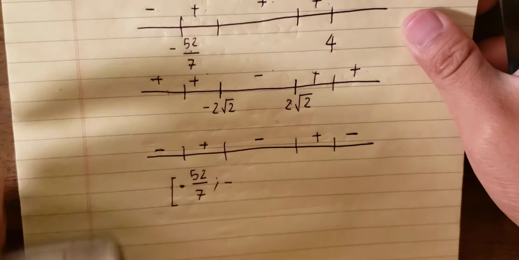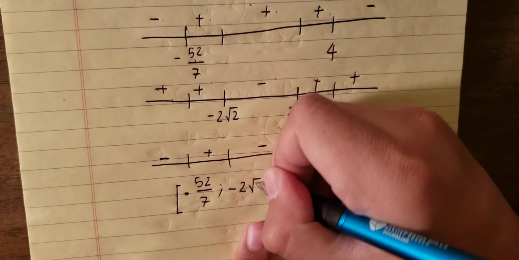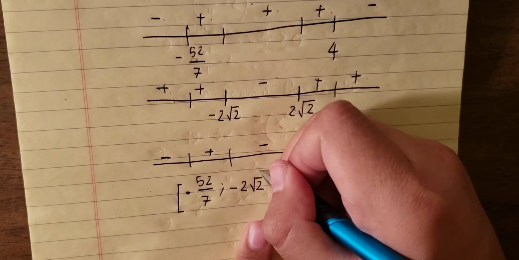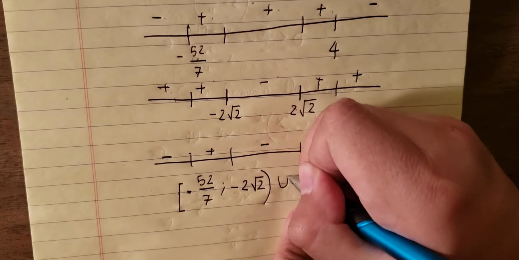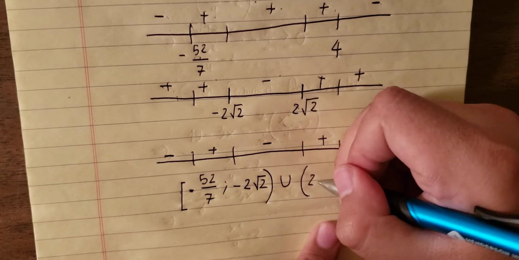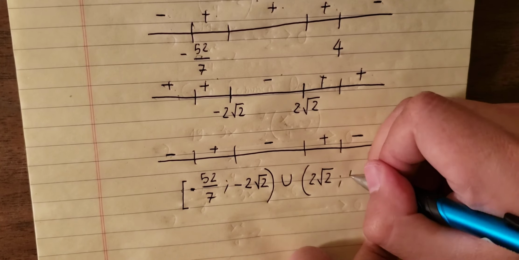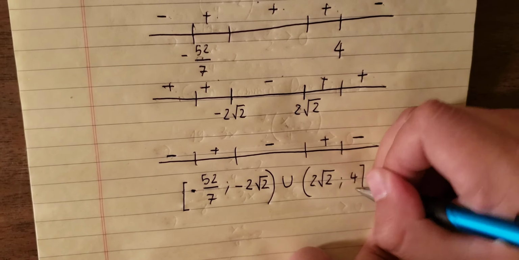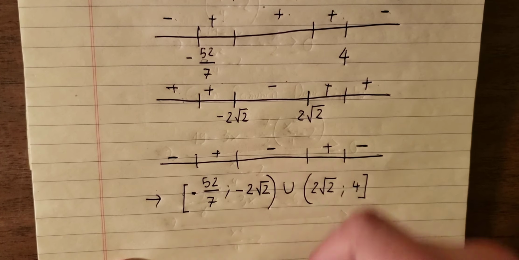So we just put negative number 2 multiplied with the square root of number 2, and we have the single bracket, and we have the union, and we have 2 multiplied with the square root of number 2, and we have number 4 in the square. And that is the final answer for the question in here.